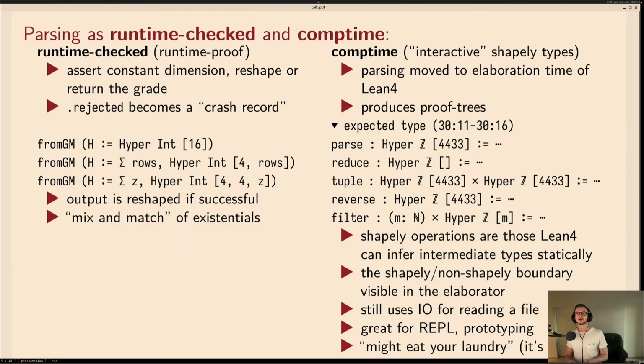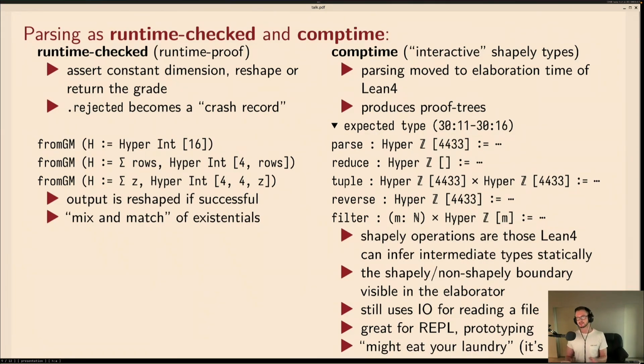So either your output gets matched with that shape or it doesn't, but at least when you're running it through the graded monoid, you still have the information collected by the monoid with you. So if you reject it and the program doesn't continue with post-processing, you can at least use the rejected field as a crash record about what in your input data blocked you from doing post-processing.